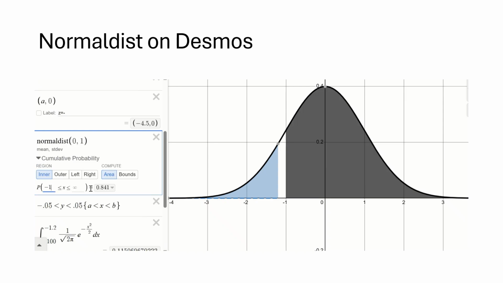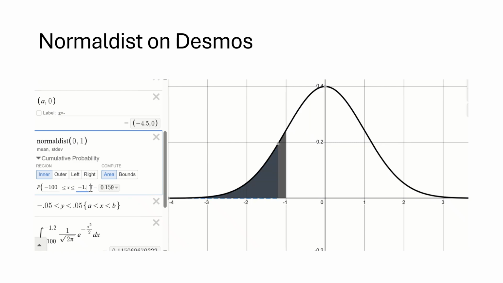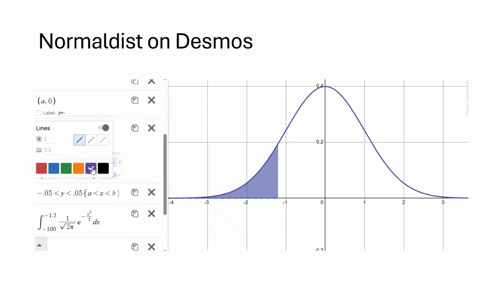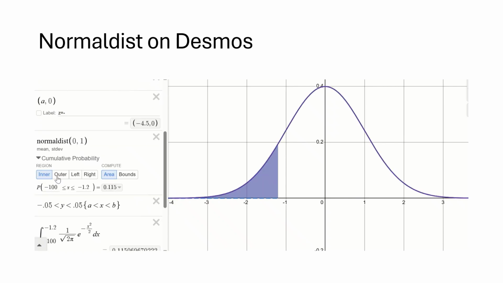We're going to give it a negative 100, that's enough, just negative stuff. The idea of negative infinity, but really, you don't have to go real far with that. And negative 1.2. And there's that 0.115. It's the long answer. And let's make it a different color. Let's make all this purple. So it will find it for you here too.